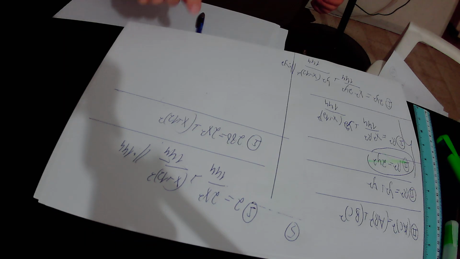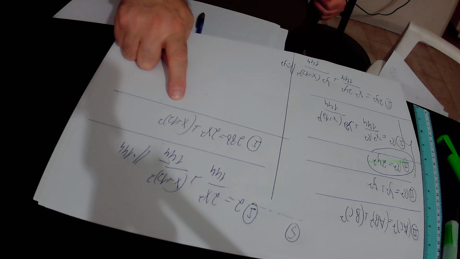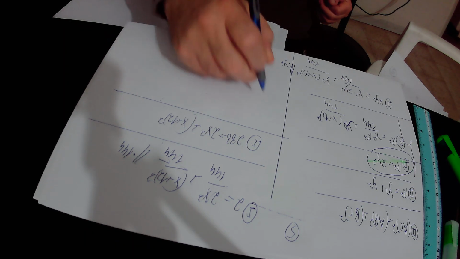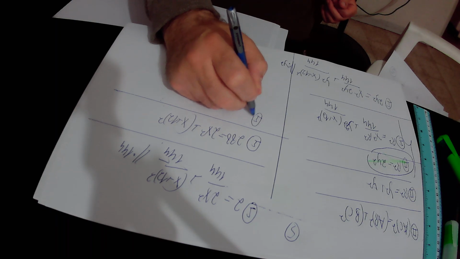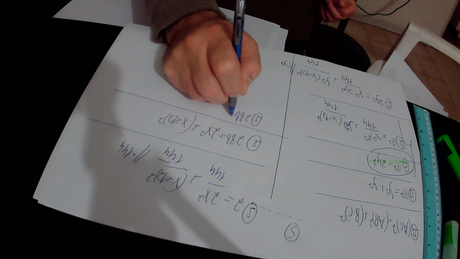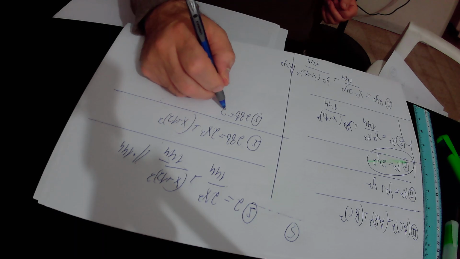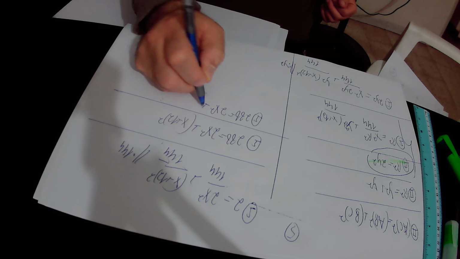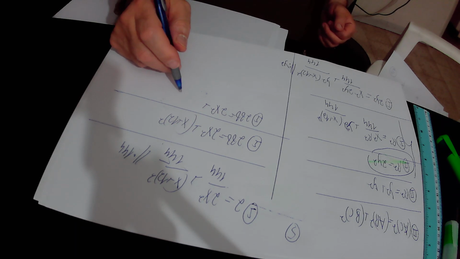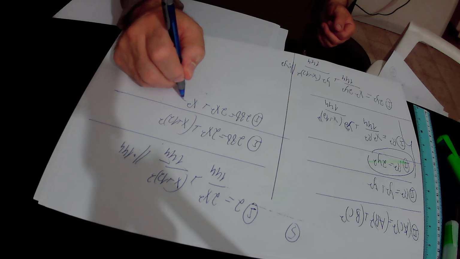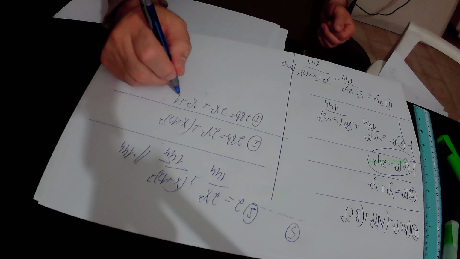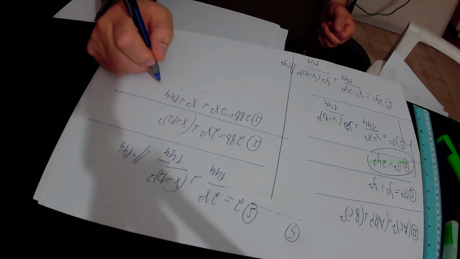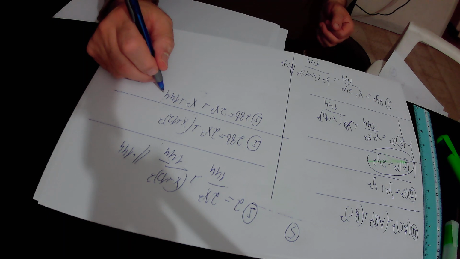So here we open the brackets of this expression, and we get that according to equation 1, 288 equals 2x squared plus x plus 12 squared, which equals x squared plus 12 squared, that is 144, plus 2 times x times 12, that is 24x.